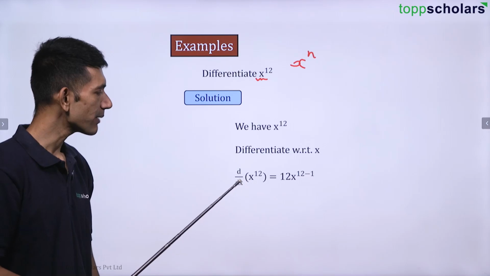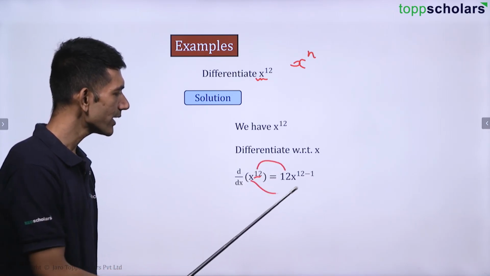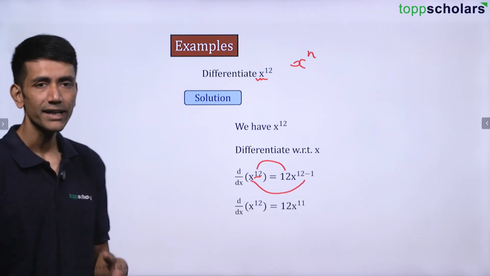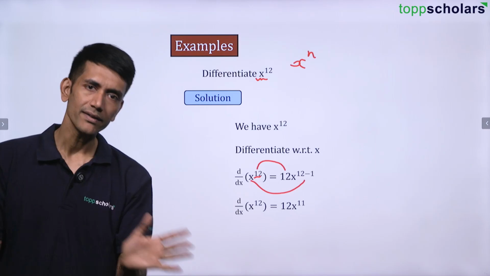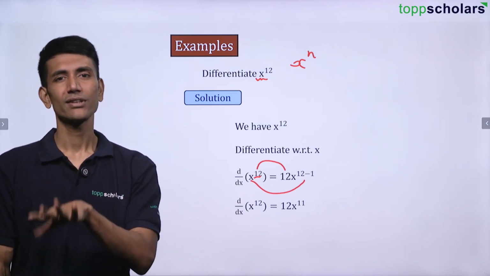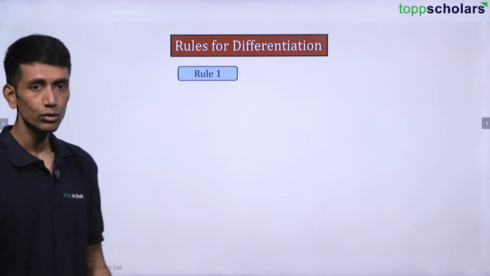This is your n. So n x raised to n minus 1, so 12 x raised to 11. If you get x raised to 5, that will be 5 x raised to 4. X raised to 8, 8 x raised to 7. Like that. Simple.